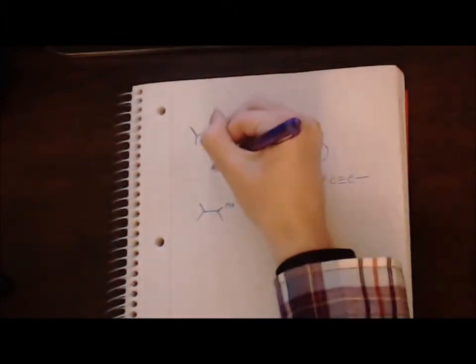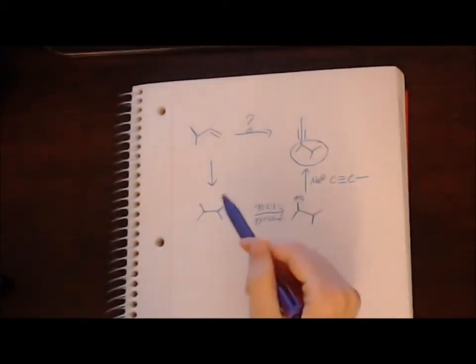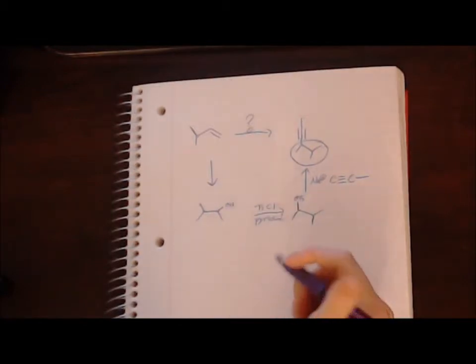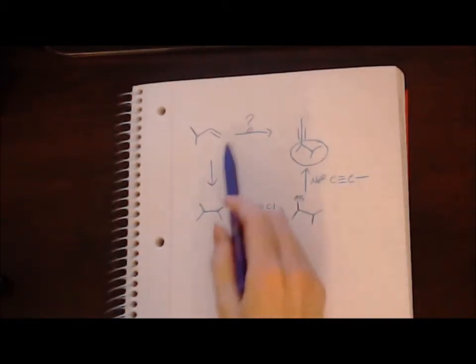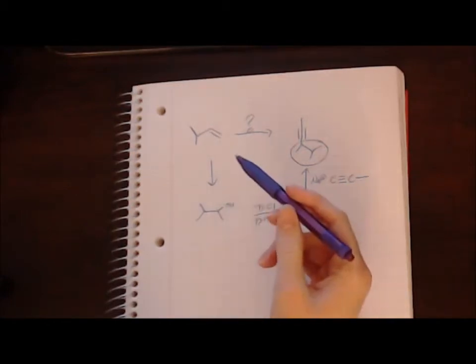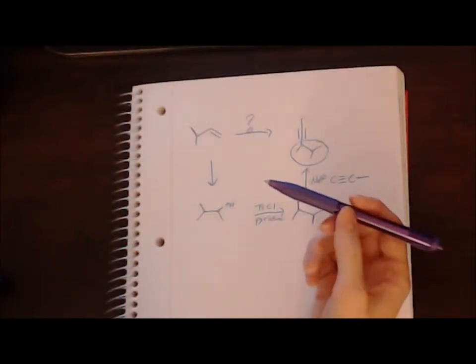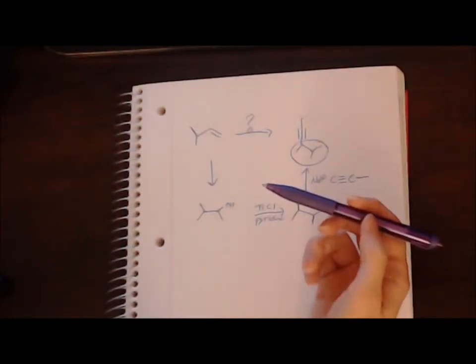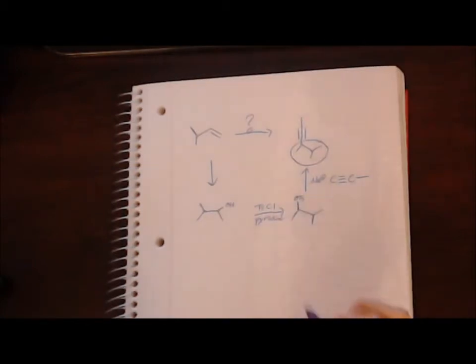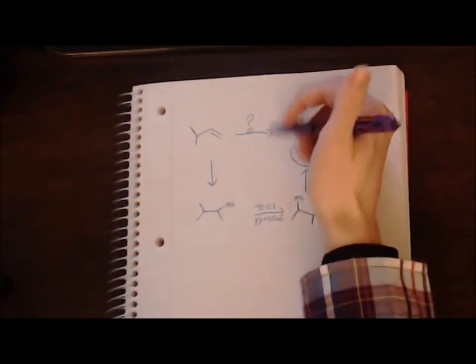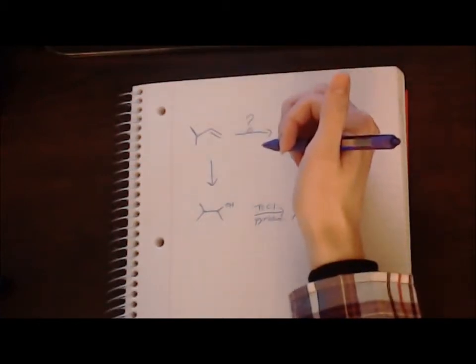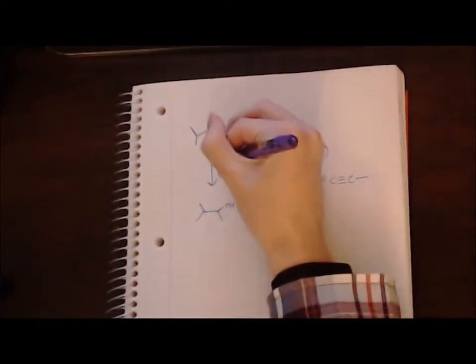So then the last step is to go from here to here. And this is probably the trickiest one to do. Since this is a primary alkene, we know that we have to somehow get rid of that, and typically most reactions want to do the Markovnikov addition and add to the most substituted. So one reaction that does not want to add to the most substituted and wants to add to the least substituted would be an oxymercuration reaction.